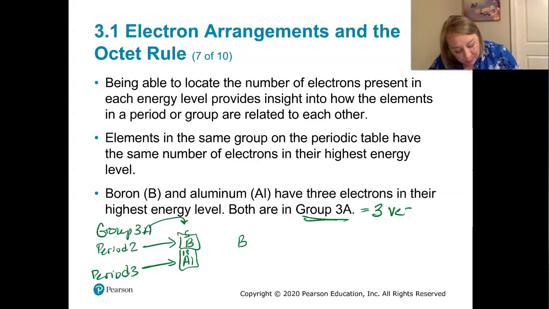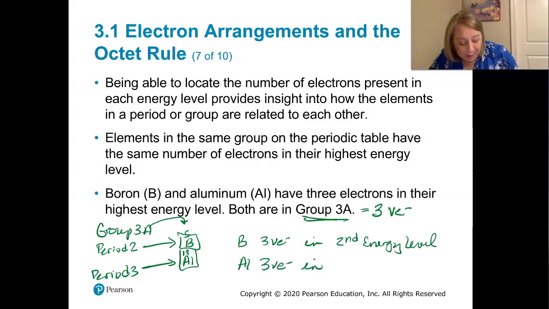So boron has 3 valence electrons in the second energy level. Aluminum has 3 valence electrons, but this time they're in the third energy level. Okay?